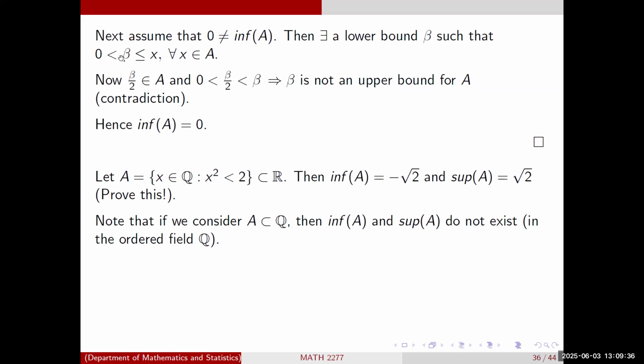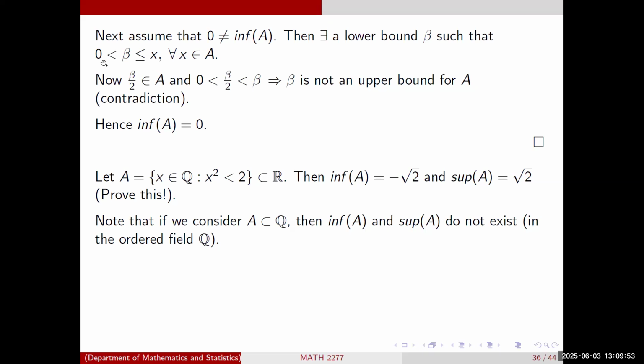So there's another lower bound, beta, in front of 0. And of course, because 0 and beta are both lower bounds, they must be less than or equal to everything in A. And again, we do the same trick.